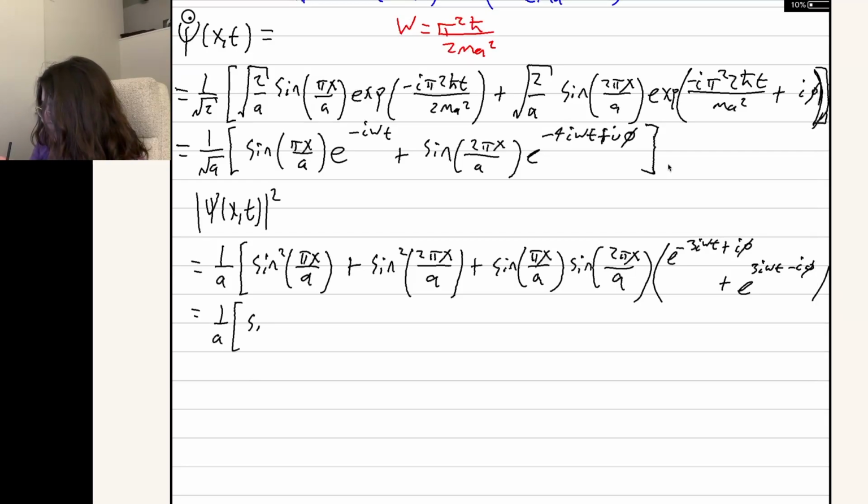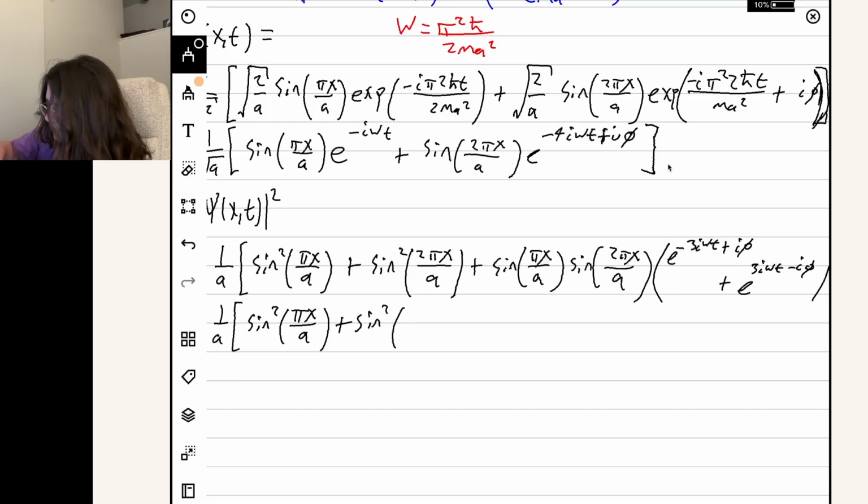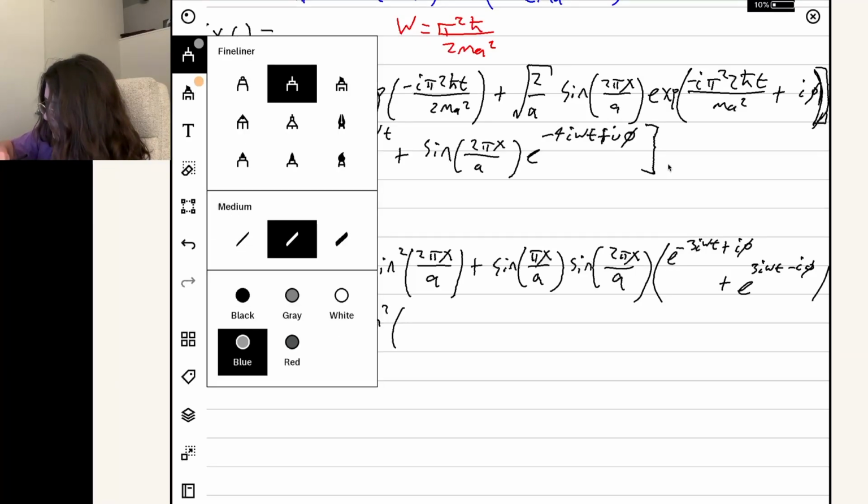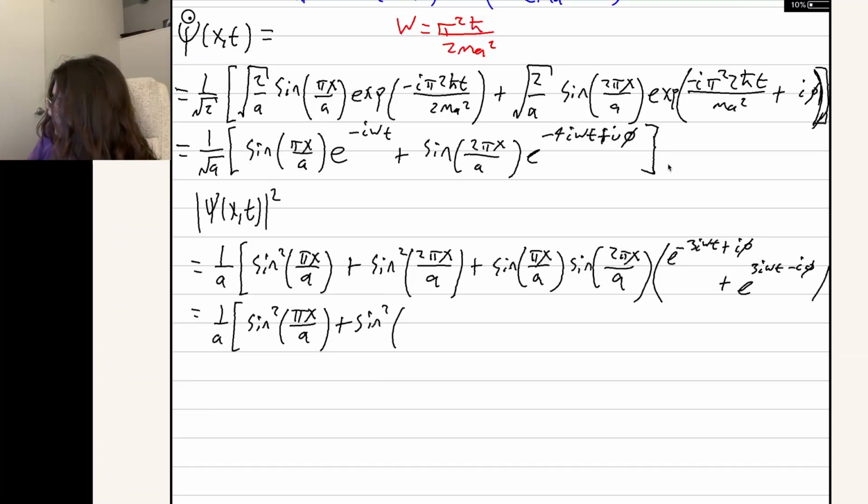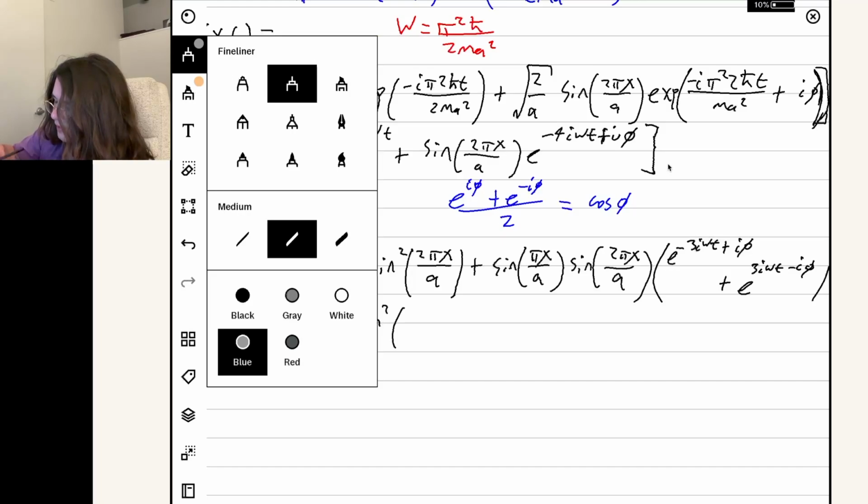Which, if you turn that into its exponential form, I'll write this out actually, that e to the i phi plus e to the minus i phi over 2 is equal to cosine phi. So just using that formula, probably shouldn't have used phi again, but oh well.